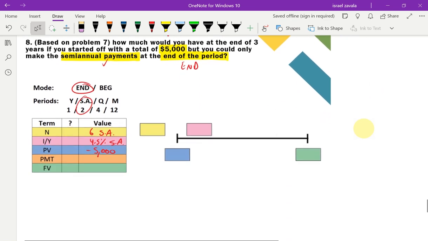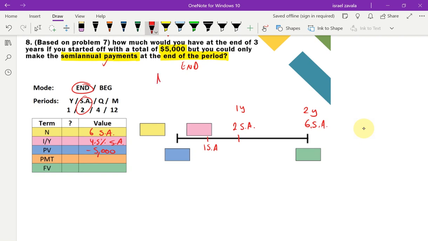Now, since I have a little bit of time, let me go into a little bit of detail. I have 6 semi-annual payments. That's 2 years. This is the first year. So here's my second semi-annual payment. And here is my first semi-annual payment, right? So I just want to talk really quickly about this 4.5%.